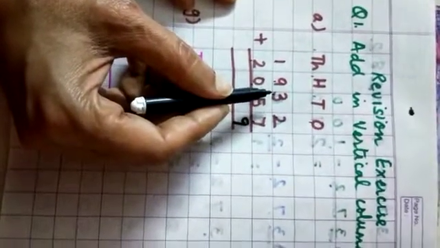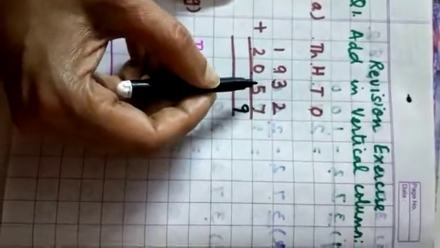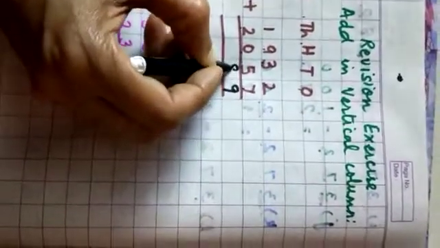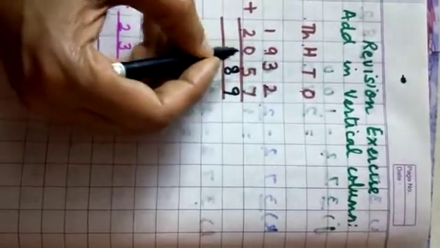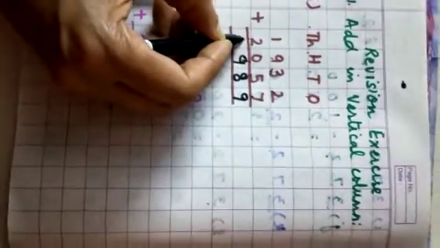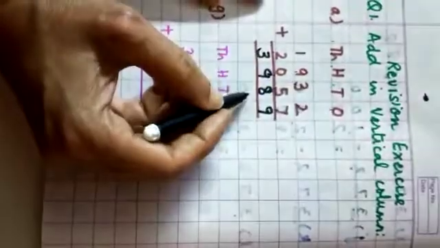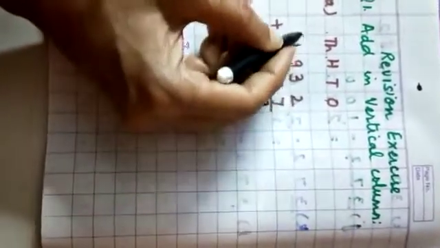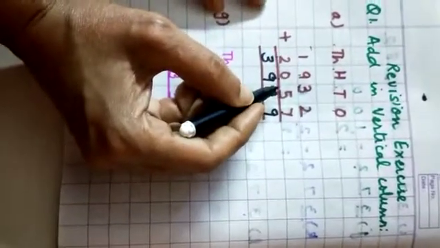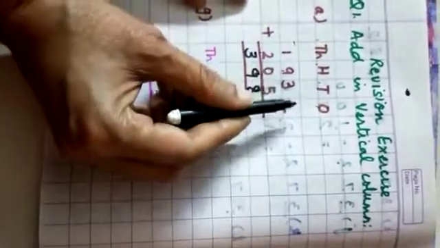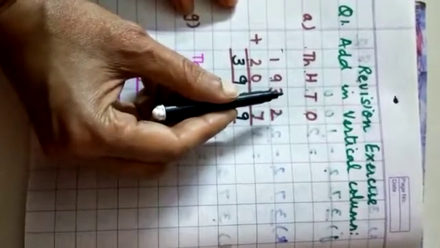Take out your 3 fingers and count after 5: 6, 7, 8. 9 plus 0 is the same, and 1 plus 2 is 3. While writing in vertical columns, we have to leave this line for carryover, or in subtraction we have to leave this line for borrowing. Must remember to leave this place empty for carryovers and borrowing.